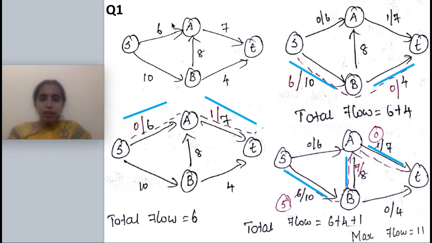Initially I am taking this path. In this path, I want to reach from source to sink. What is the maximum flow I can have? You can imagine each edge as a pipe. In this pipe, at most you can pass only 6 units. Here the capacity is 7, but if you put 7, this pipe will not work because the maximum is 6.